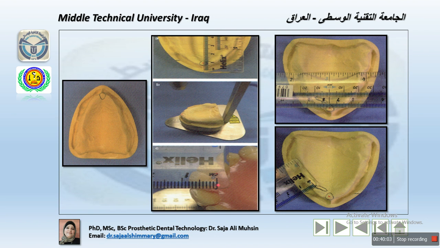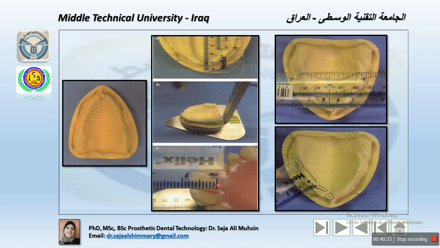Okay? Now, the labial surface of the maxillary anterior teeth, if we demarcate the center of the incisal papilla, as in the image in the middle with the ruler, and bisecting it, whether we are using instruments like a laser light, or we can use a ruler, for example.